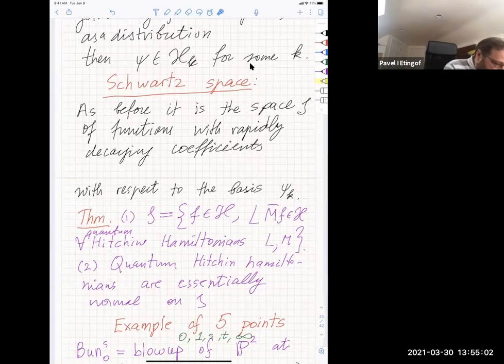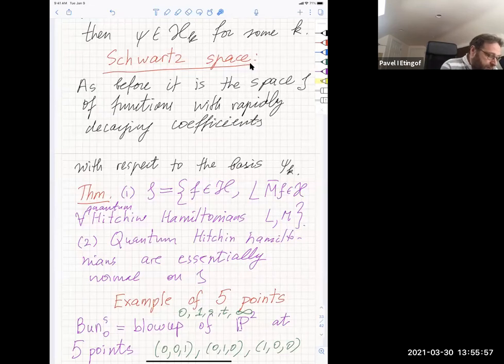The precise definition is that it is an element of H such that if you apply to it any of these Hitchin Hamiltonians as a distribution, it will remain in H. In other words, these Hitchin Hamiltonians have eigenvalues, and if you multiply the Fourier coefficients of our function by any product of eigenvalues of elements of our algebra, that sequence will be in L2, even though these eigenvalues can grow polynomially of arbitrary degree.